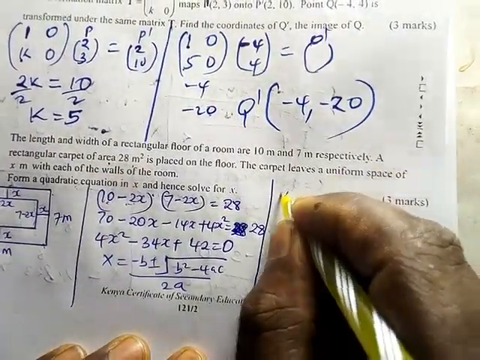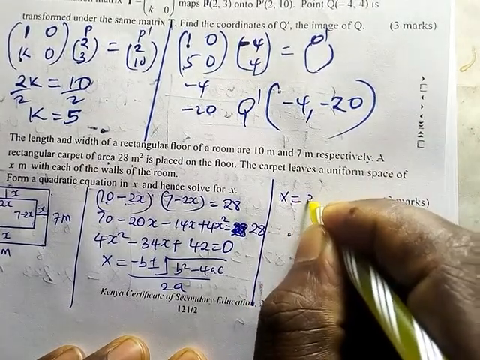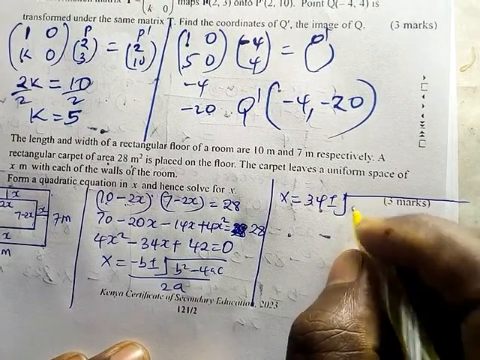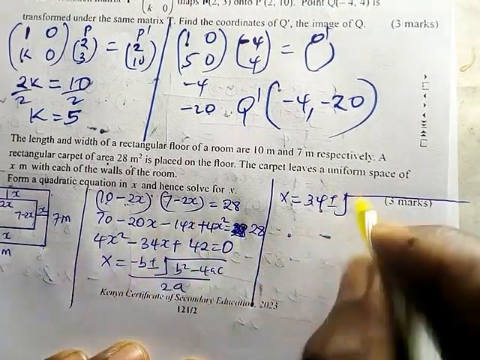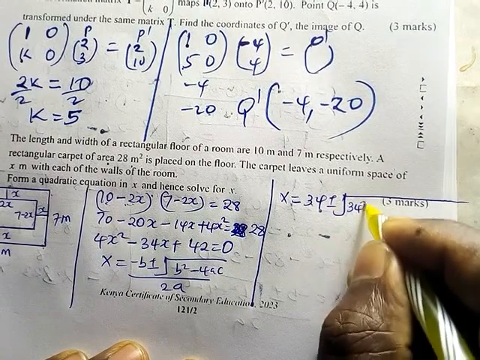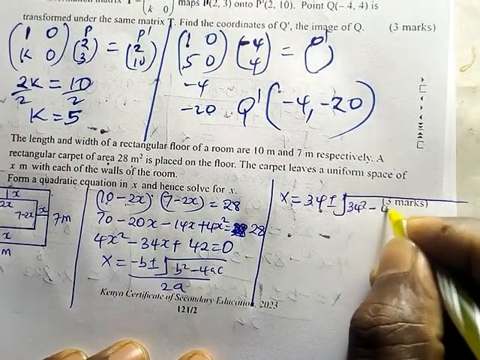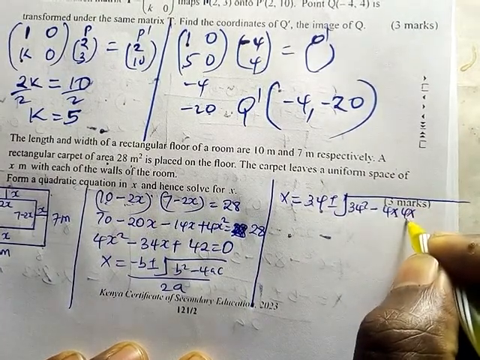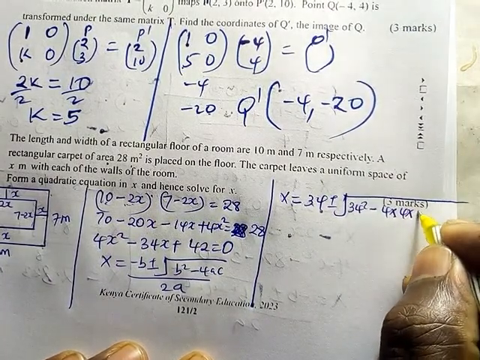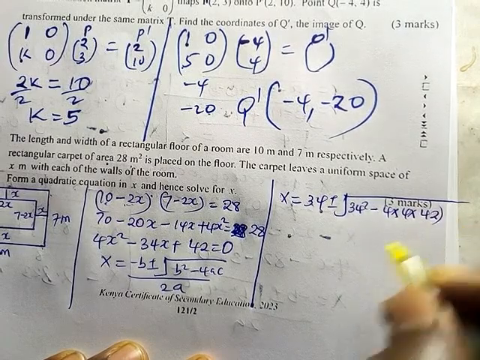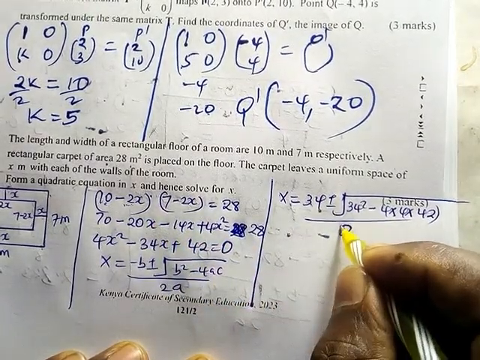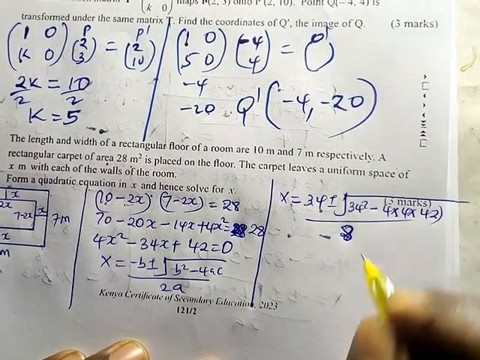So x is equal to 34 plus or minus the square root of 34 squared, which is b squared, minus 4 times a times c, that is 4 times 42, divided by 2 times 4, which is 8.